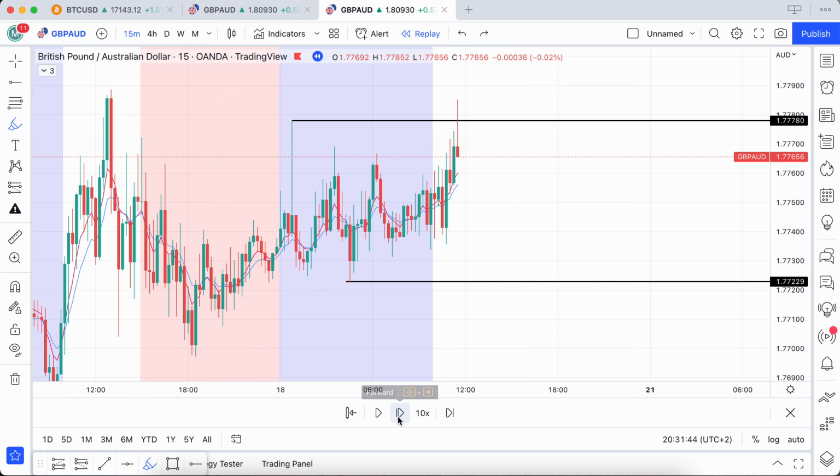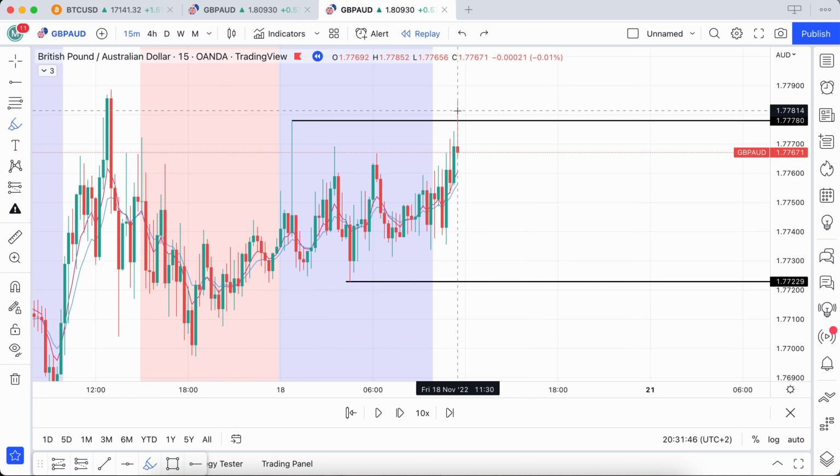Another candlestick, boom. We have this candle that retested the Asian session high. It showed a spike above it and then came back all the way below.